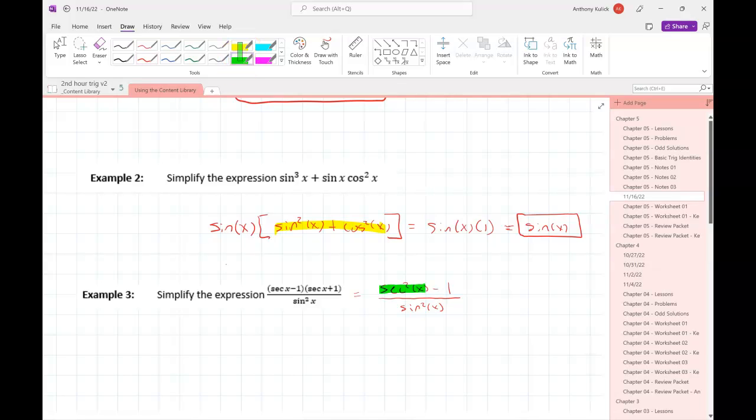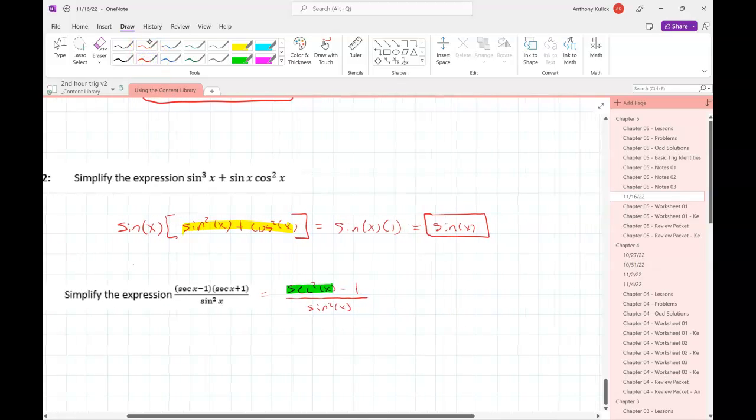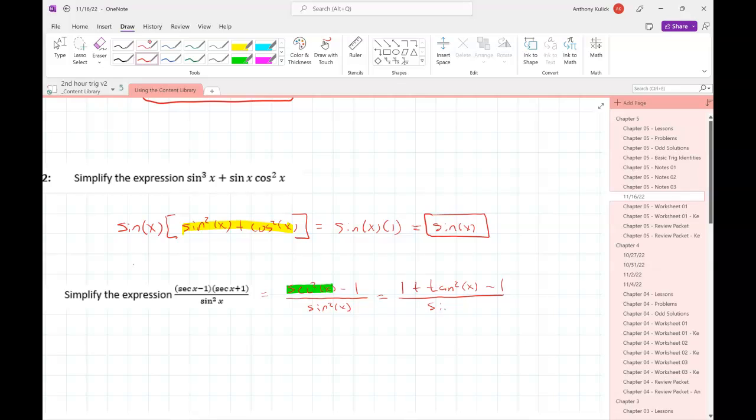What is secant squared x equal to? One plus tangent squared. Now, why is that going to be effective for me?